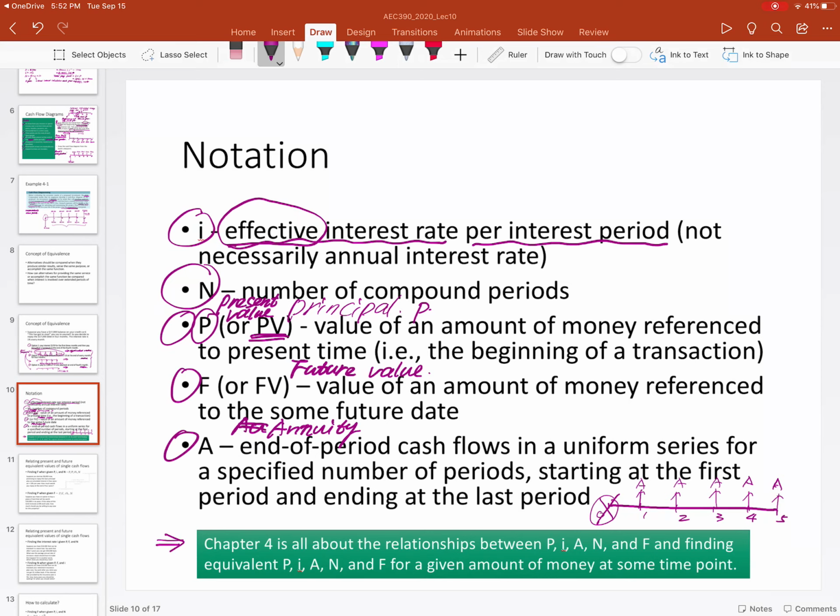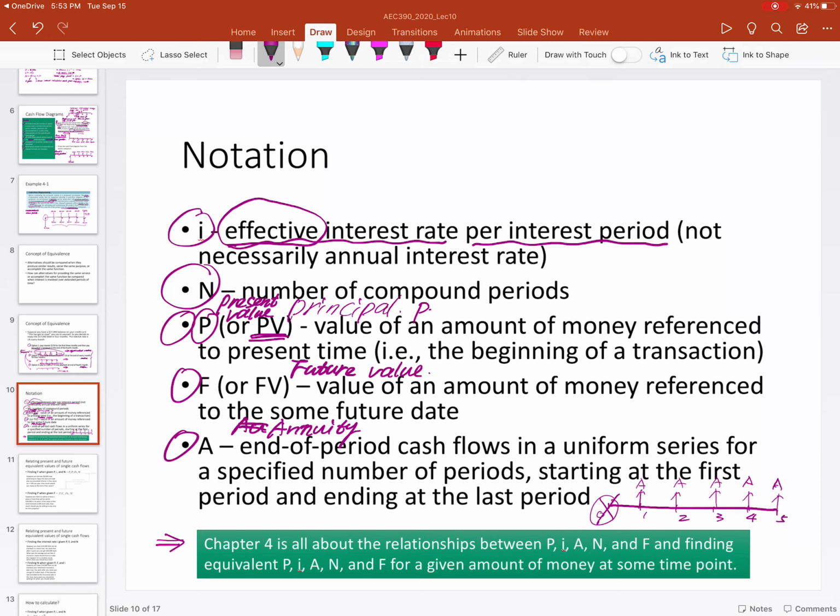Okay, and here we have some tips. Chapter 4 is all about the relationships between P, I, A, N, and F. It's all about how you convert a value at present to the future, or convert a future value to the present.